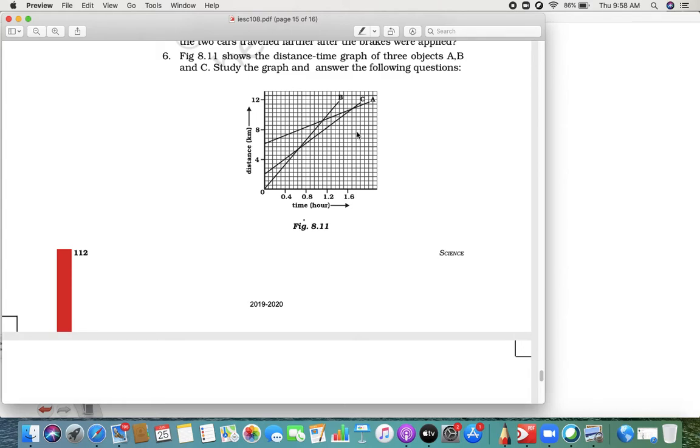Now B, A, and C are almost at the same height, right? But the time taken by B is the least and the time taken by A is the most.